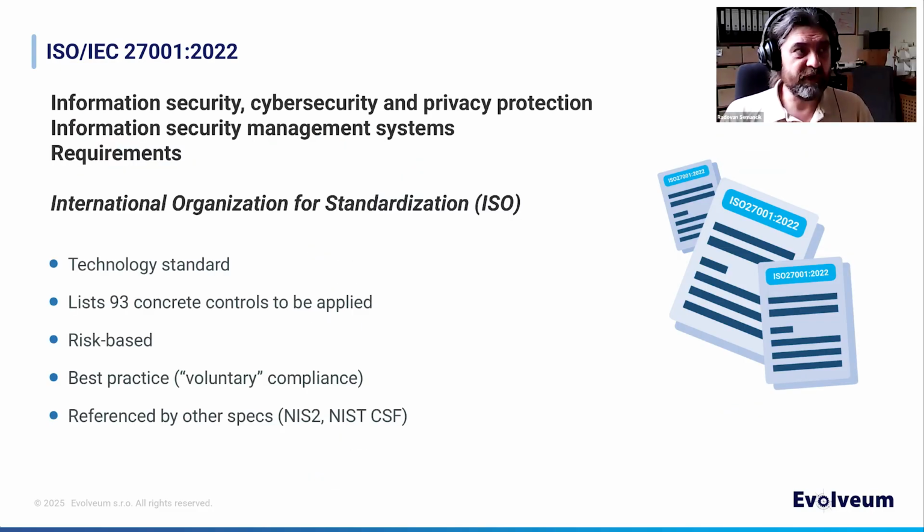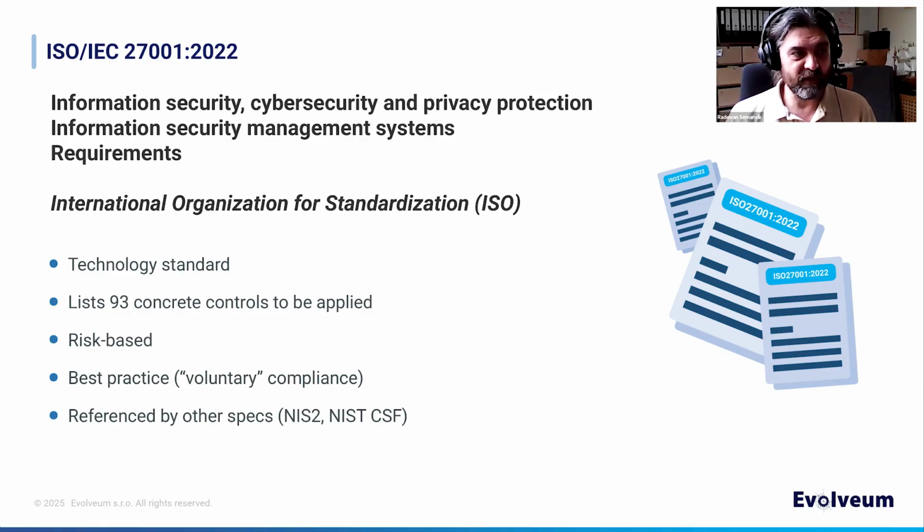First of all, the international standard 27001. It is a standard. That means it is not mandatory to follow. It is more or less just a recommendation. However, it is the basis for many other regulations and mandatory practices. ISO 27001 is a nice standard, nice from our point of view, because it's quite a technological standard.